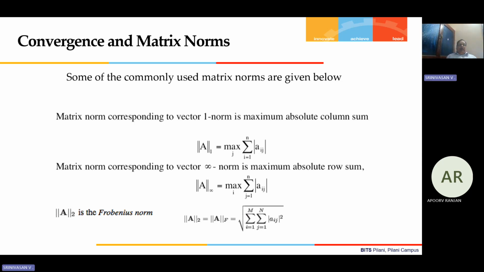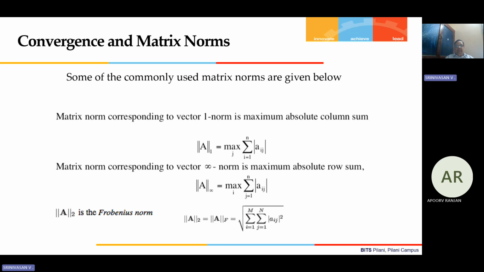So you will take the absolute value of each of those entries, square them, take the sum of squares of absolute values of all the entries. Row wise, column wise, double sigma means row wise as well as column wise.